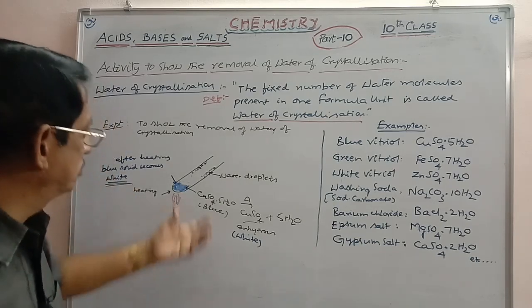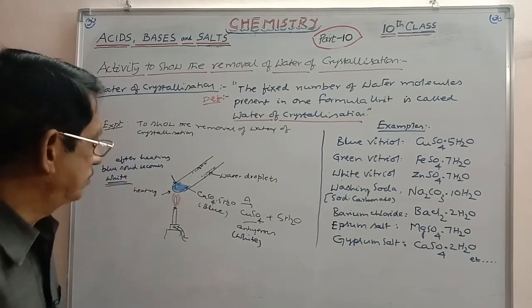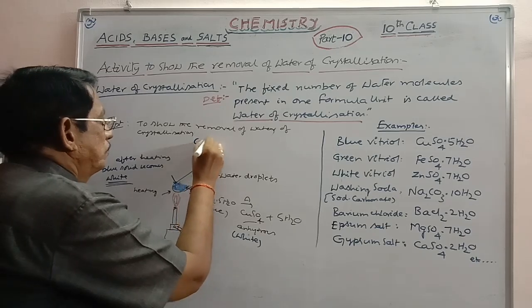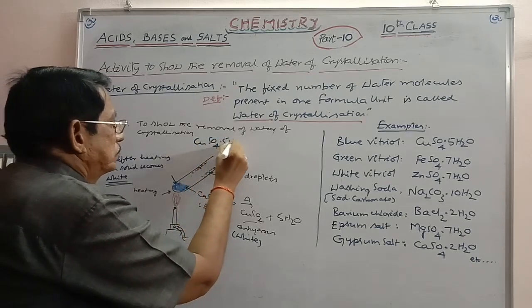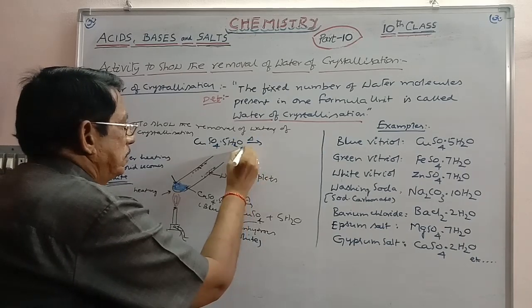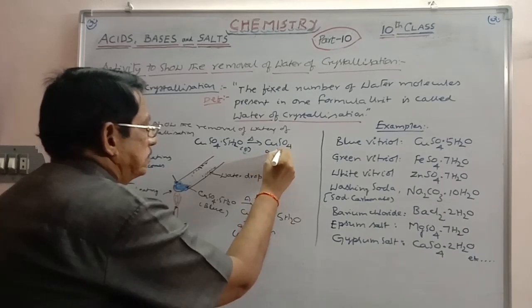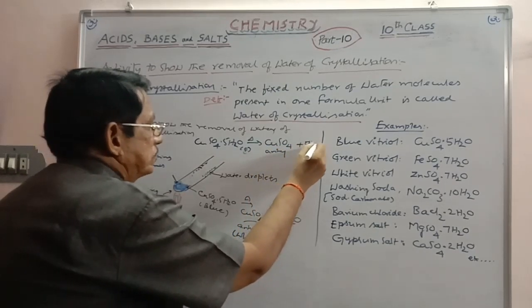In this way, by this simple experiment, taking copper sulfate, don't forget, CuSO4·5H2O solid, heated, you get anhydrous copper sulfate plus 5 water molecules.